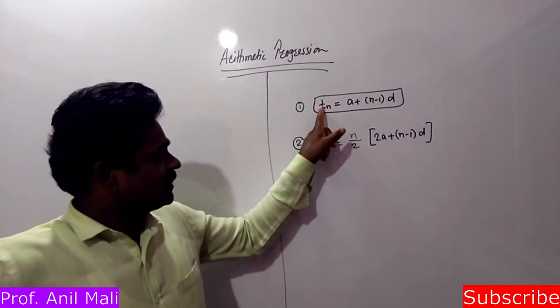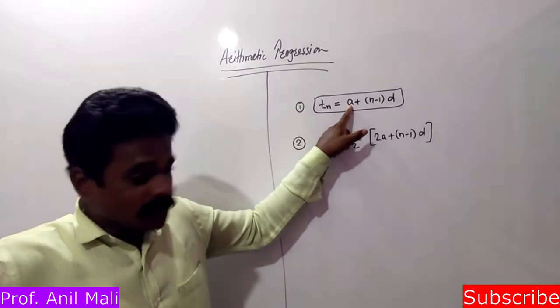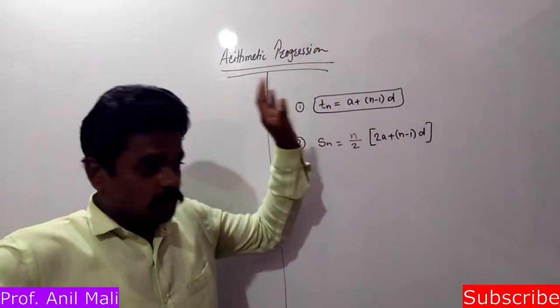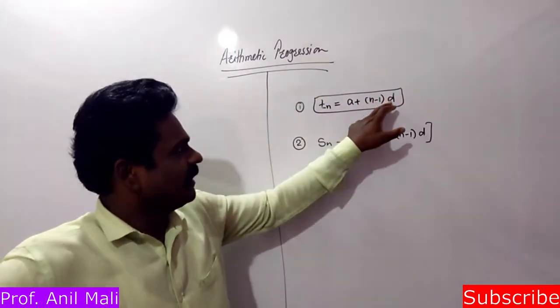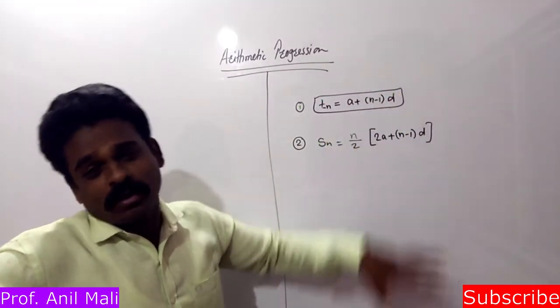Tn means nth term, a is the first term, n is the total number of terms, and d is the common difference.